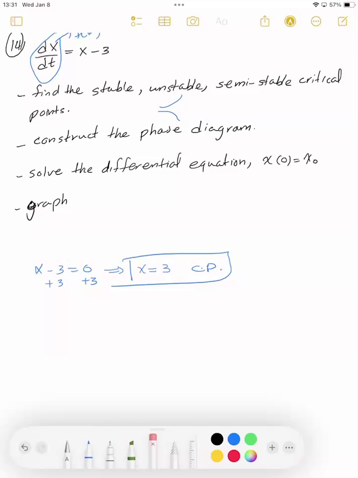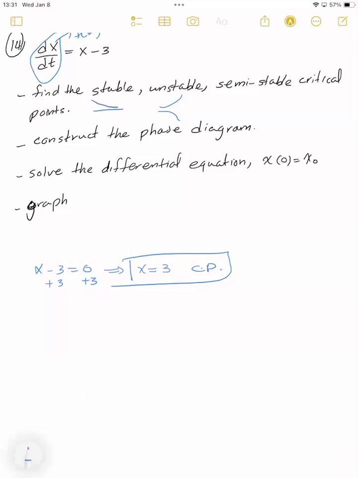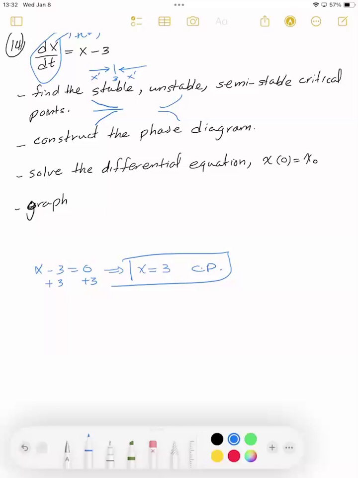When it's stable, we get a funnel, sorry. So when it's stable, this is the shape of a funnel. They go both this way. Or when we do our testing, let's say at point 3 for x prime, this is what we get. Both arrows go toward each other, which I'm going to demonstrate in a moment.